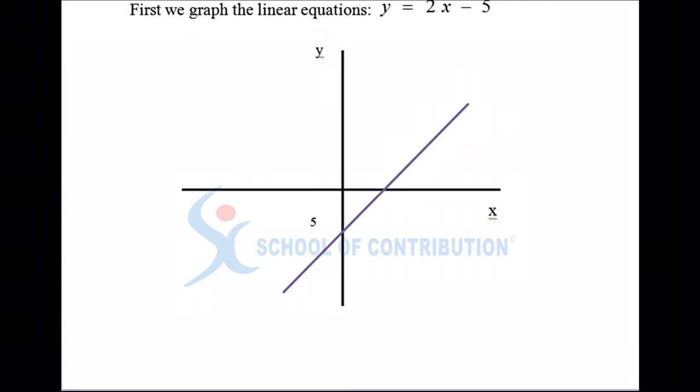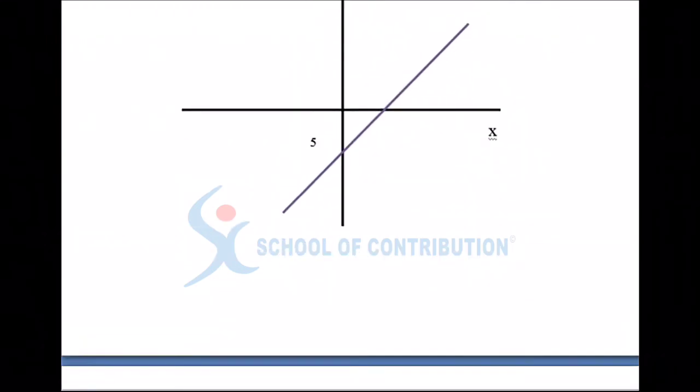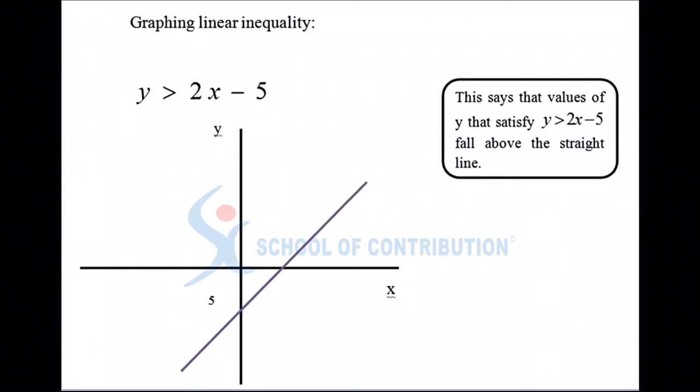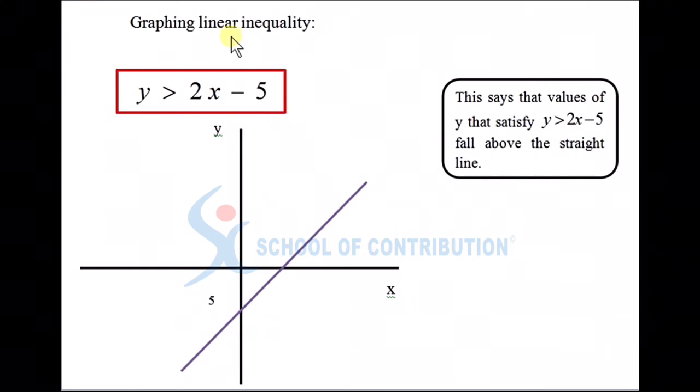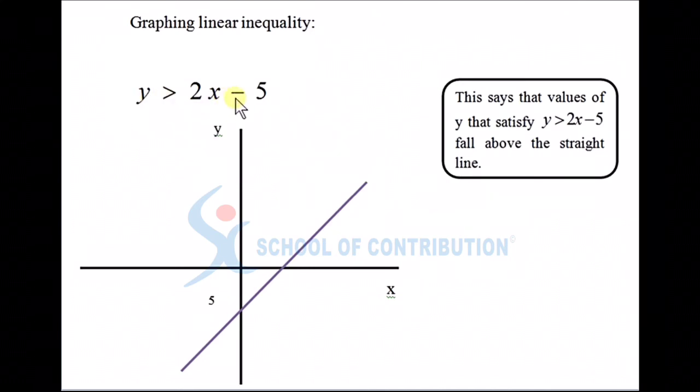Now we show how to graph linear inequalities given this graphing of the linear equation. Now from the above we see that y is greater than 2x minus 5. এখন আমরা একটা জিনিস খেয়াল করি এখানে, সেটা হচ্ছে 2x minus 5 হচ্ছে এই লাইন, this is the straight line. এই স্ট্রেট লাইনটা হচ্ছে 2x minus 5, আর y হচ্ছে তার করসপন্ডিং ভ্যালু। এখন প্রশ্ন হচ্ছে y greater than 2x minus 5 কে আমরা কিভাবে গ্রাফিং করব? সবচেয়ে সহজ রাস্তা হচ্ছে, আমরা যদি খেয়াল করি এখানে দেখব, এটা ইন্ডিকেট করে যে ভ্যালু অফ y should be on the top of the line.